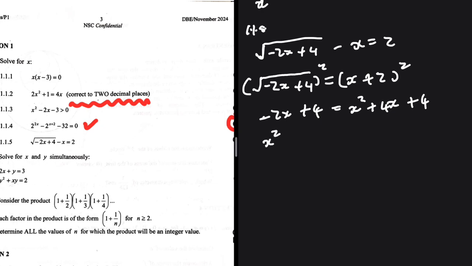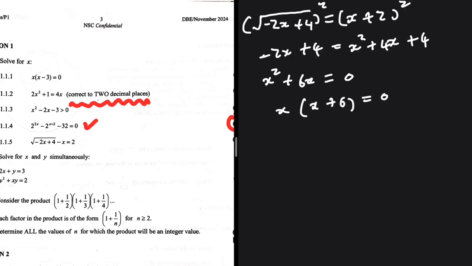So we're going to have x squared plus 4x plus 2x when we take it to the other side. So we get x squared plus 6x, and then 4 minus 4 gives us 0. So we have x squared plus 6x being equal to 0. So take x as a common factor, we get x times x plus 6.